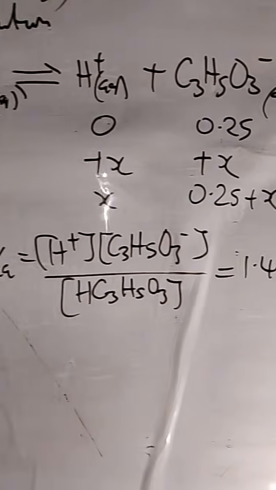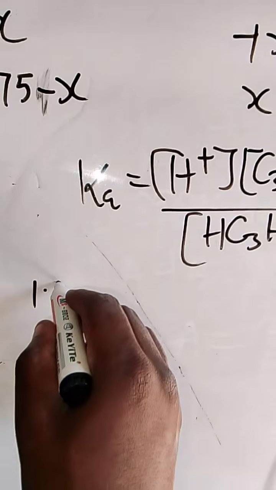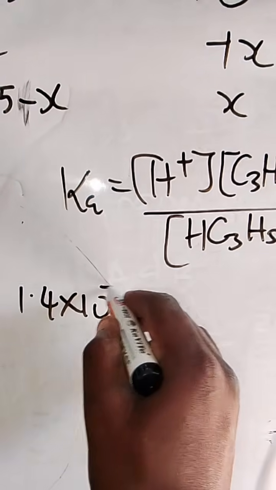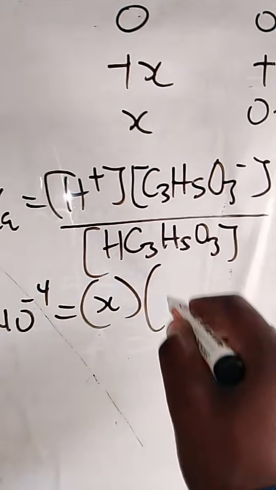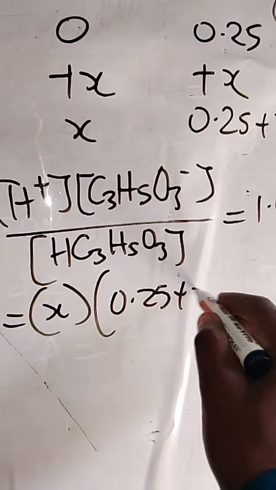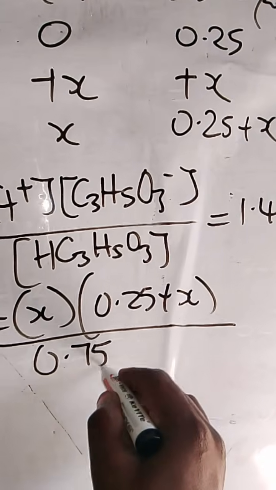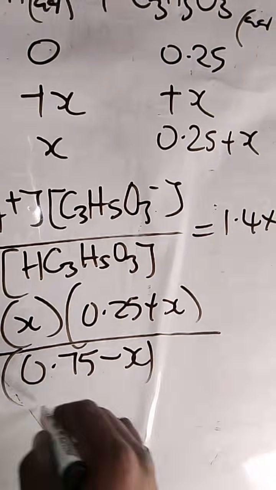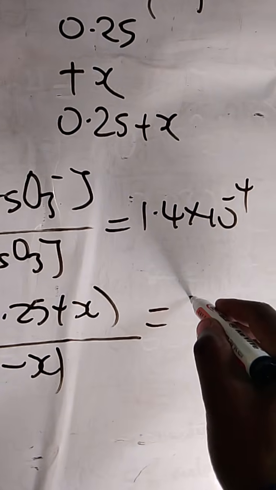Ka is given. Now we substitute the equilibrium concentrations. Ka, 1.4 times 10 to the power negative 4, equals hydrogen X times conjugate 0.25 plus X over acid 0.75 minus X. X is so small, we neglect X by the 5% rule.